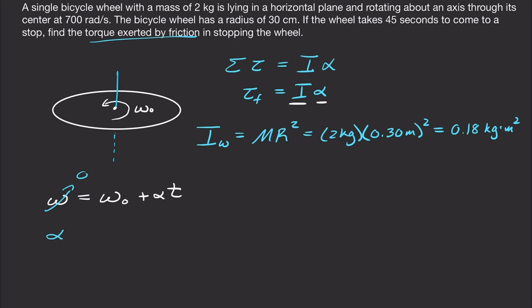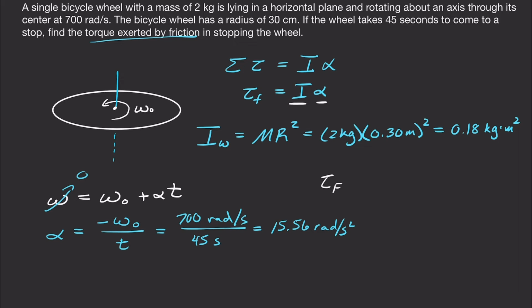So if we solve this for alpha, we just get minus omega naught divided by t. So this will give minus omega naught, which is 700 radians per second, over the time, 45 seconds. And this will be 15.56 radians per second squared.